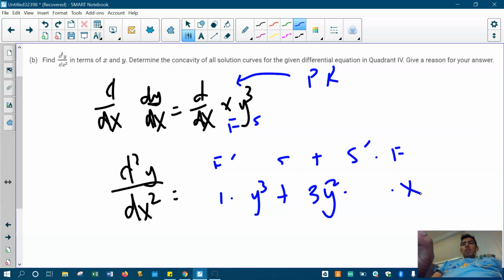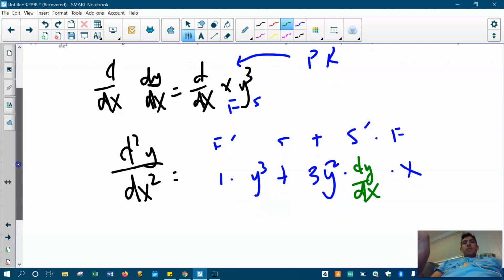What goes with that 3y squared? I know implicit differentiation. I took the derivative of y with respect to x.